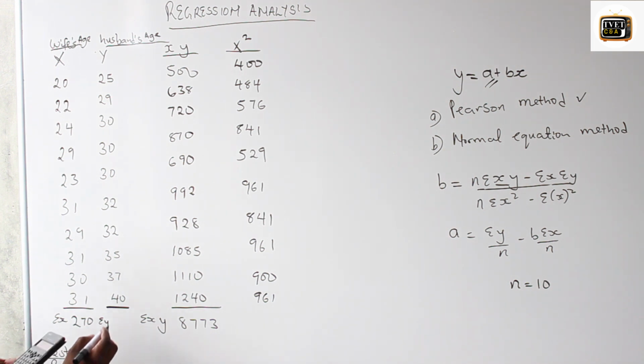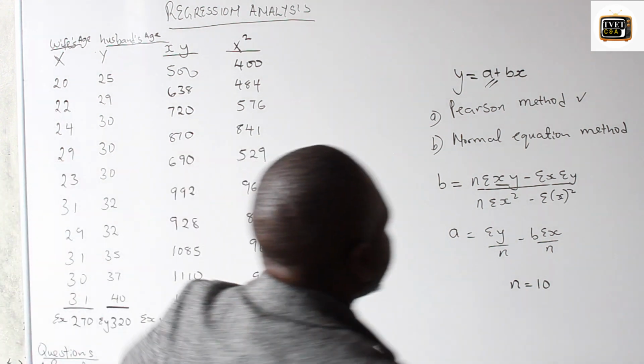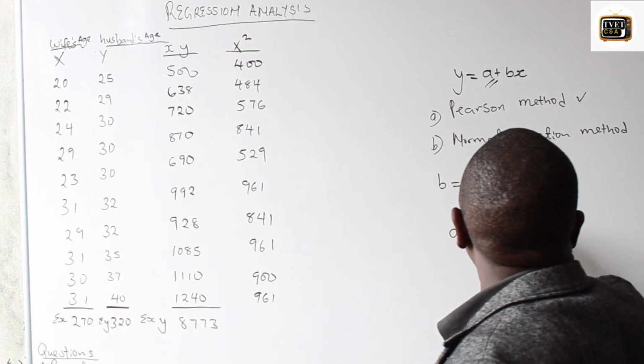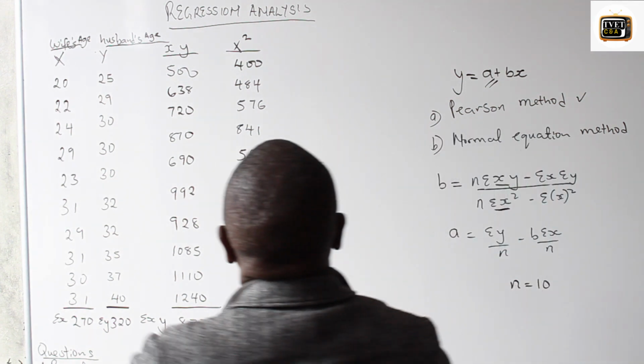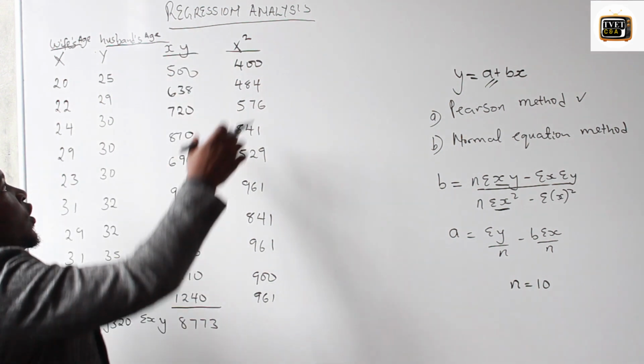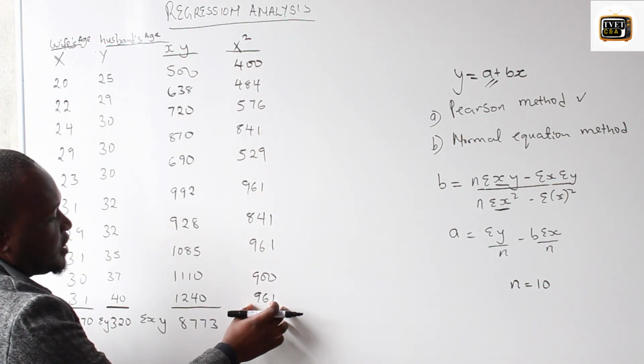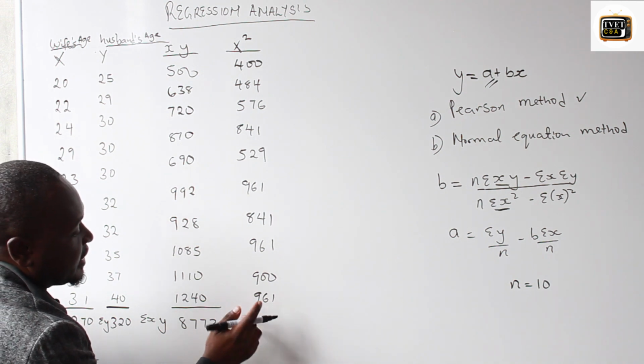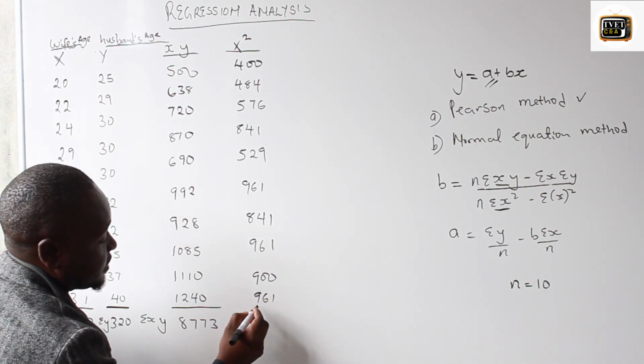We'll get 320. Now, the summation of x squared. Remember the x squared. Again, all the way from 400 to 961.